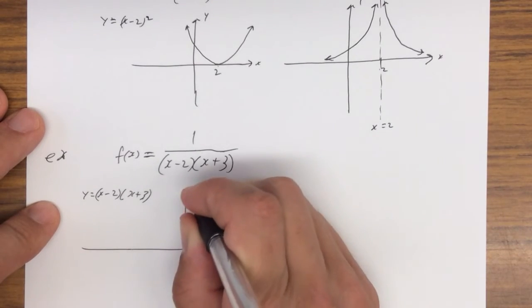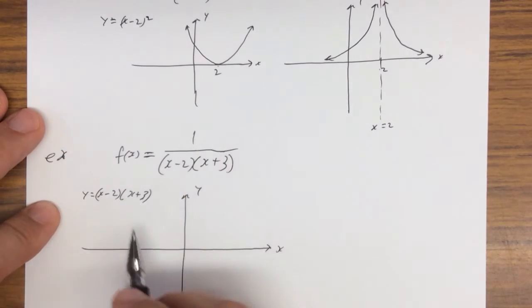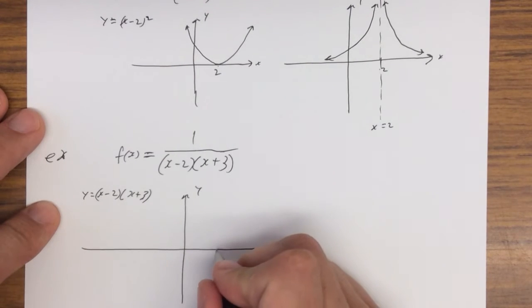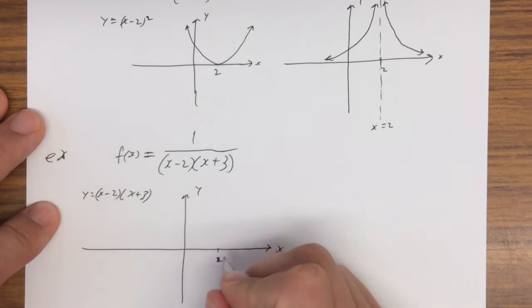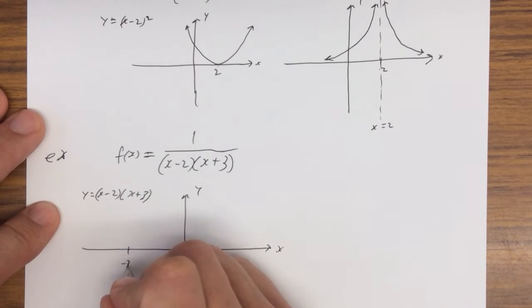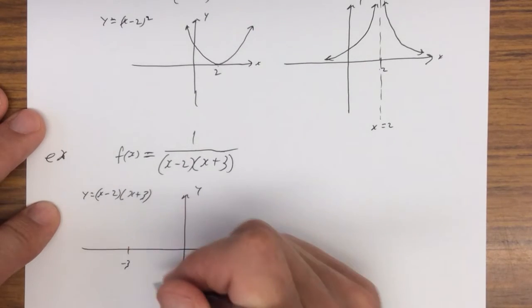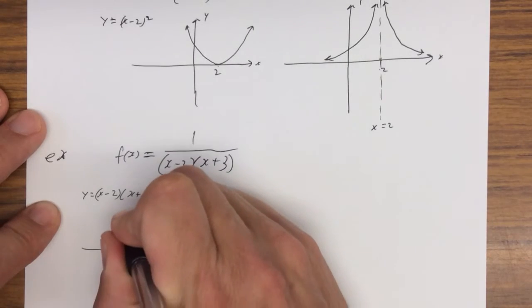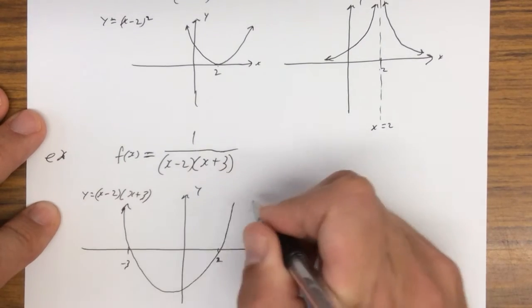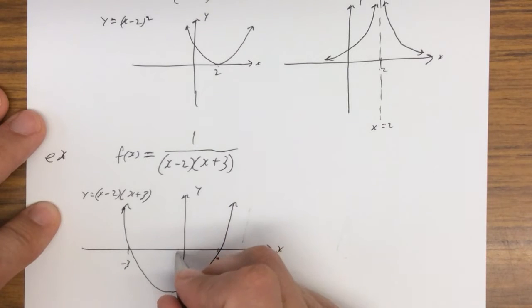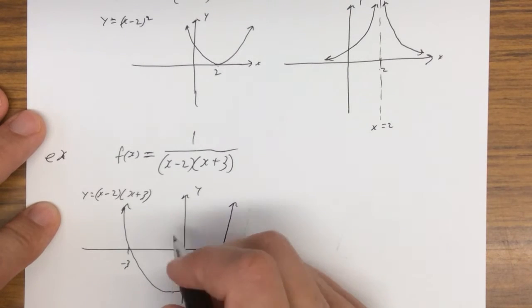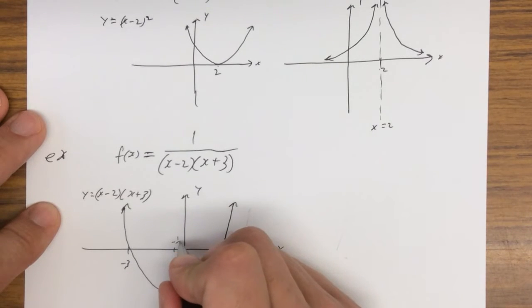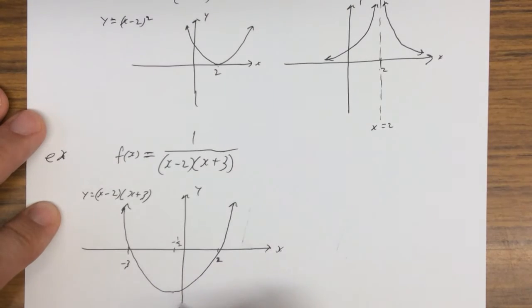You'd have 2 zeros here at x equal to 2 and x equal to negative 3, and the parabola would look like that. Its vertex would be at negative 1/2, right? So the vertex would be right here.